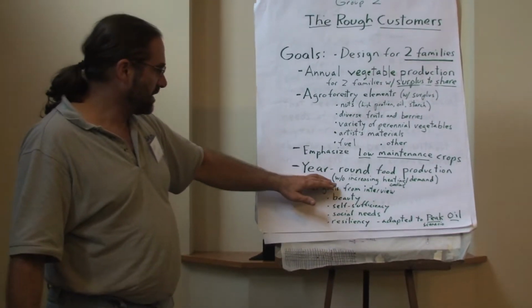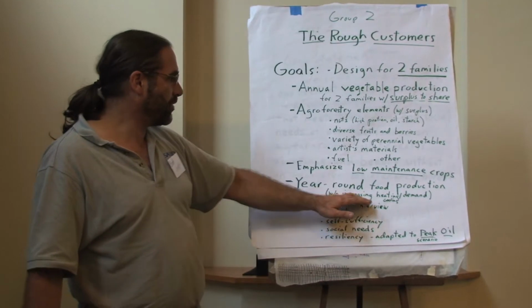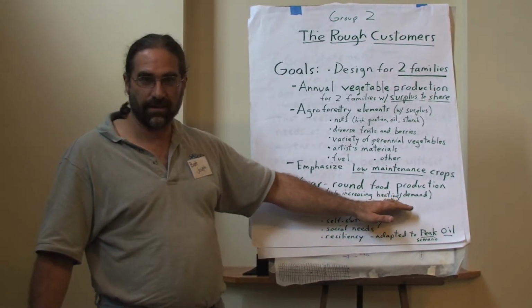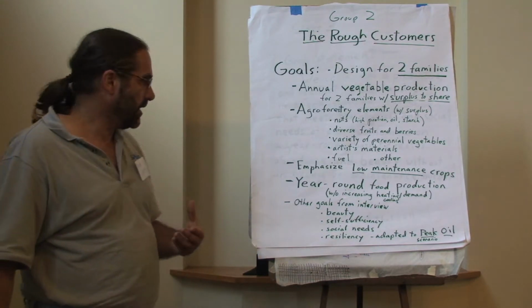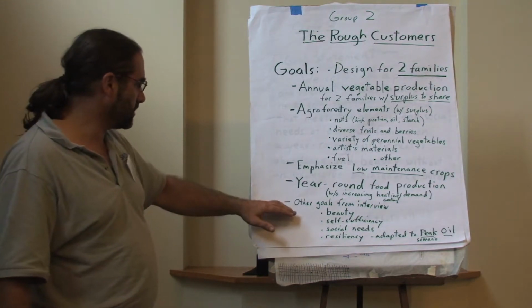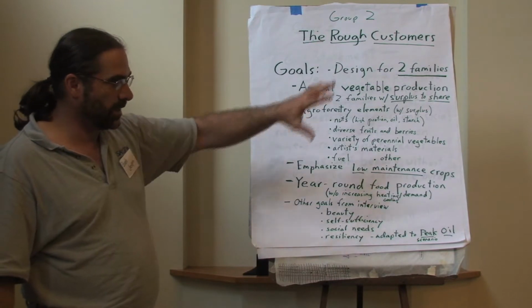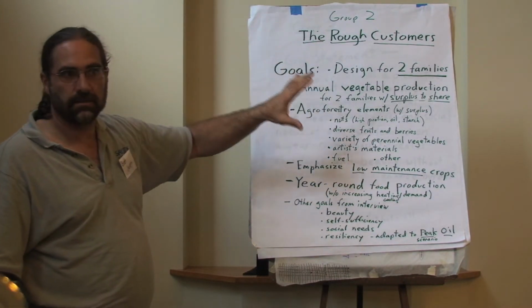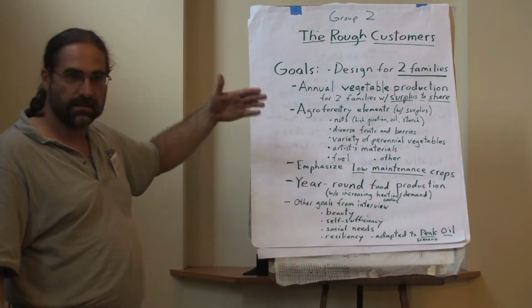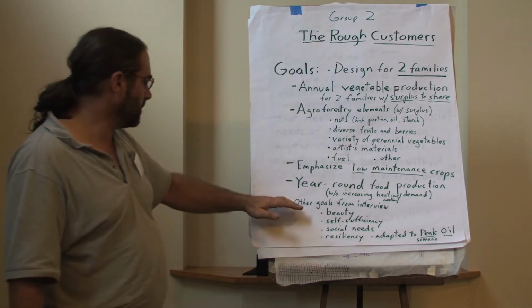And also, as I mentioned, year-round food production without increasing heating or cooling demand. We want it to be sustainable in the sense of also being efficient in the use of energy resources. So you'll see in our design a lot of emphasis on solar design and utilizing that both with regard to the plants and the built environment.